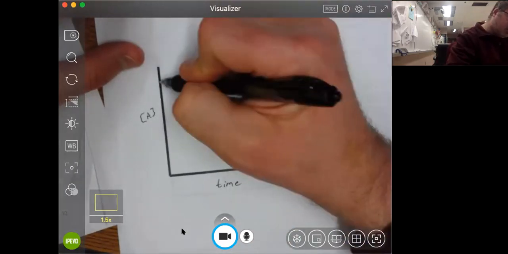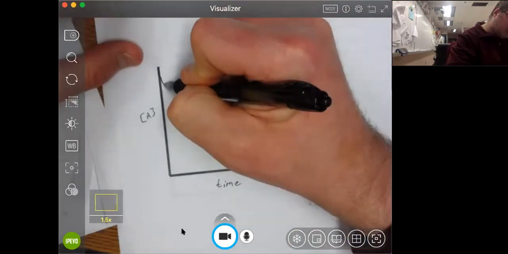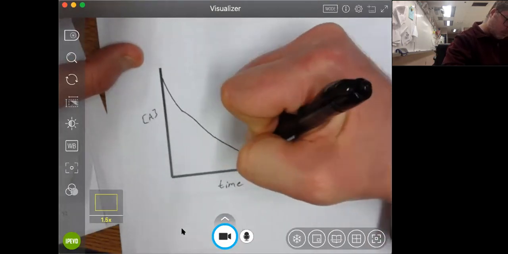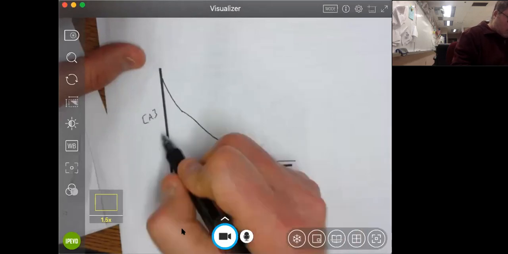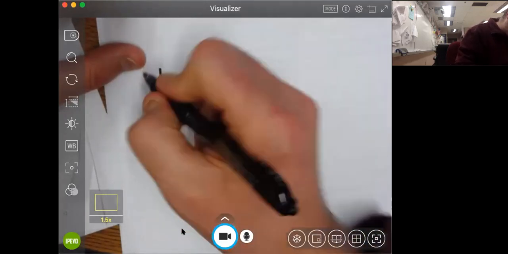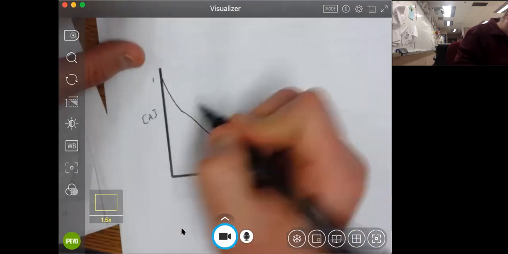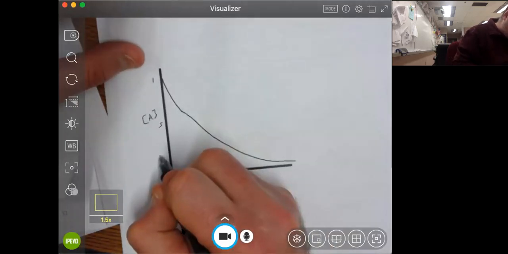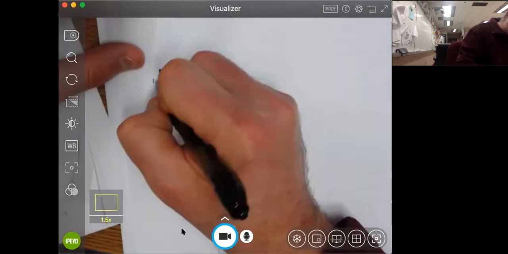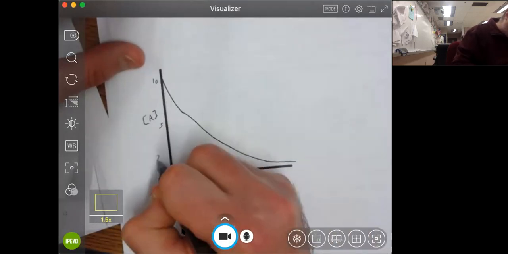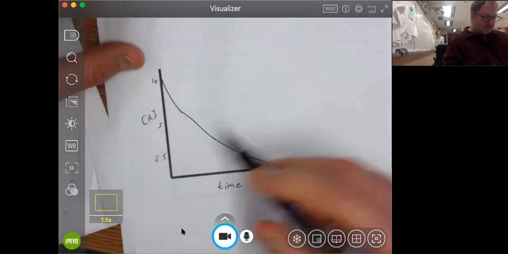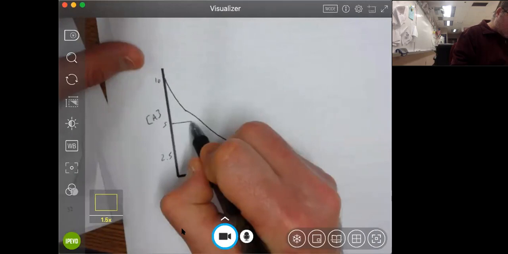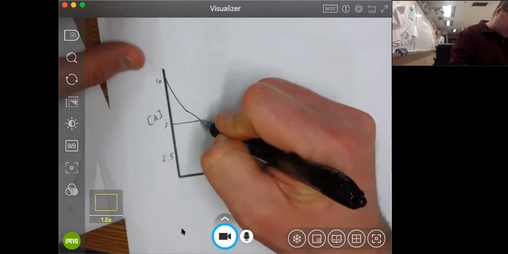Because if you know the concentration, if we say that this is 10, this is 5, this is 2.5, so on and so forth, basically we can find out the time it took for that to occur.